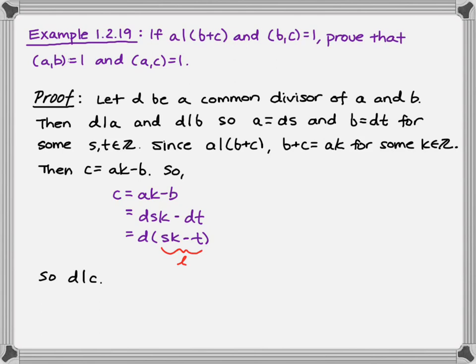So now we have that D divides A, D divides B, and D divides C. But if D divides B and D divides C, and B and C are relatively prime, well that means D has to be 1.